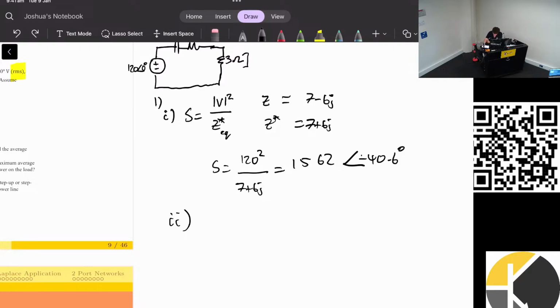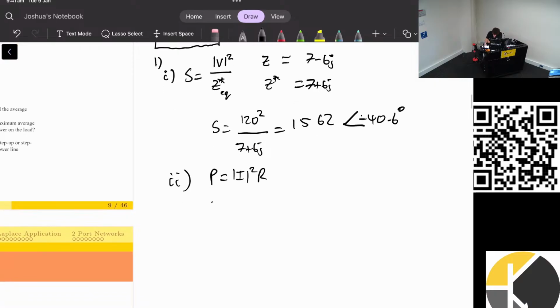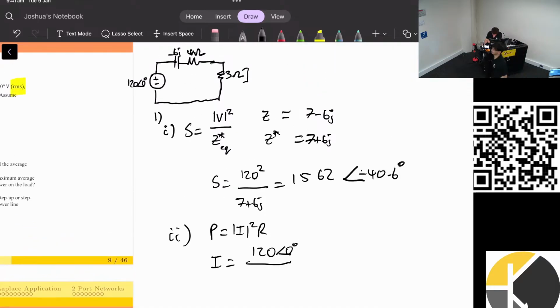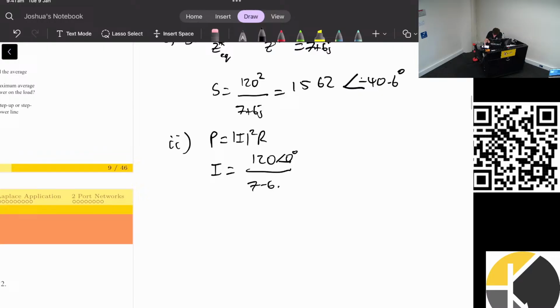Now that's just going to be P equals the absolute value of I squared R, where I is going to be equal to 120 angle of 0 degrees, like V on Z, and we've already figured out our Z here. It's 7 minus 6J, which is equal to 13 angle of 40.6 degrees.